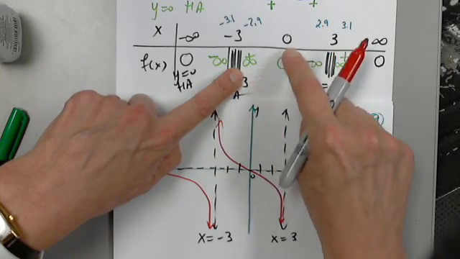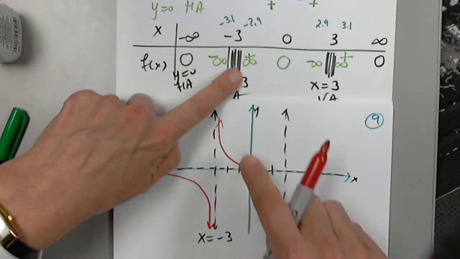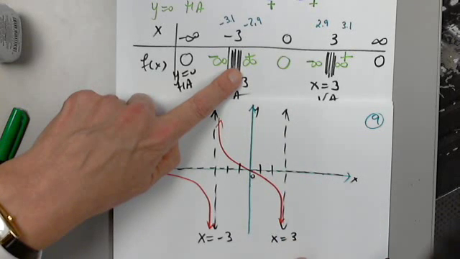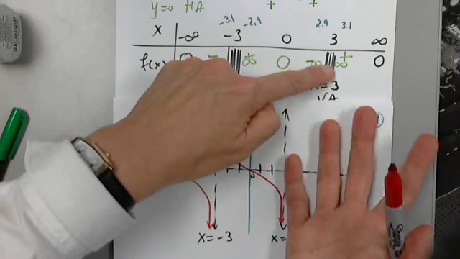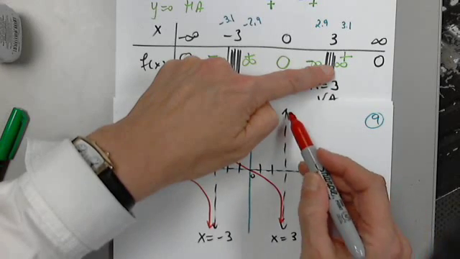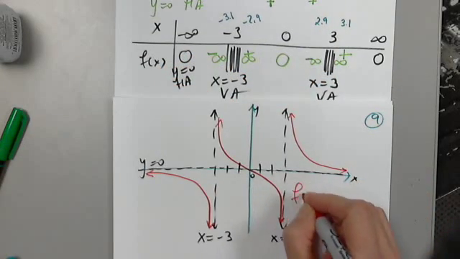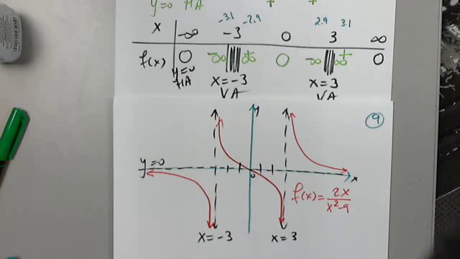From positive infinity, crossing at 0, 0, going to negative infinity. Is this clear, the middle part? And what about the last part? On the right-hand side of the asymptote, from positive infinity, dropping to 0. So this is the function f of x equals 2x over x squared minus 9.